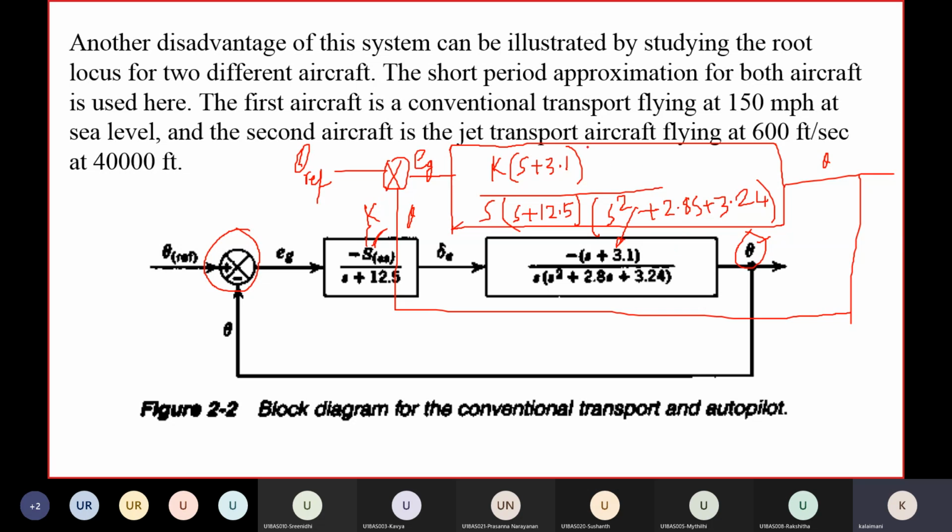Now I have the transfer function K times (s plus 3.1) divided by s times (s plus 12.5) times (s squared plus 2.8 s plus 3.24). This is a unity feedback system, therefore H is 1. This is the open loop transfer function G of s, equal to K times (s plus 3.1) divided by s times (s plus 12.5) times (s squared plus 2.8 s plus 3.24), and we try to sketch the root locus.